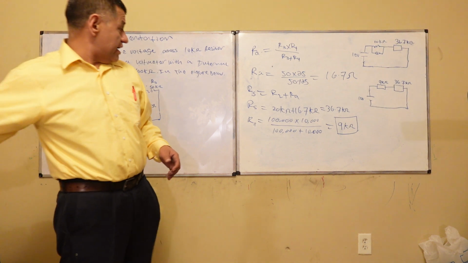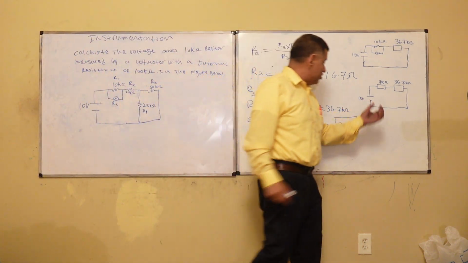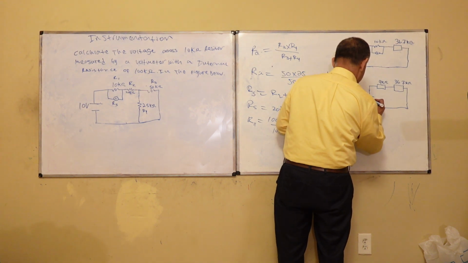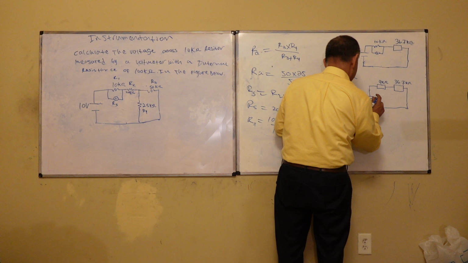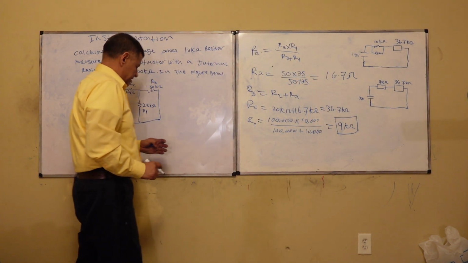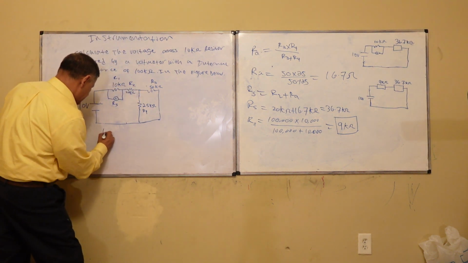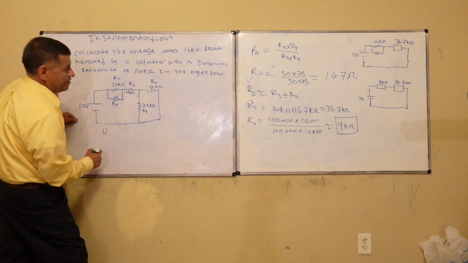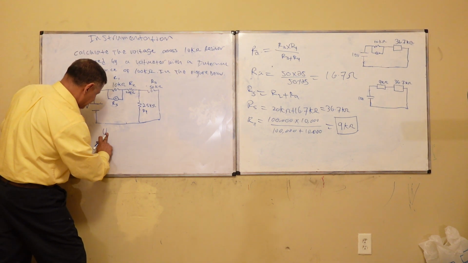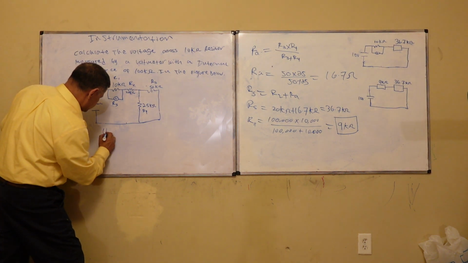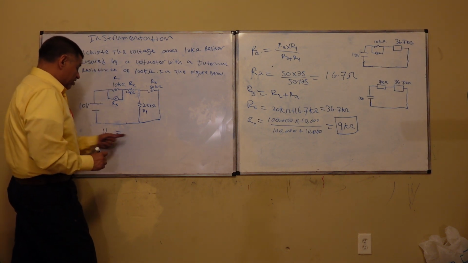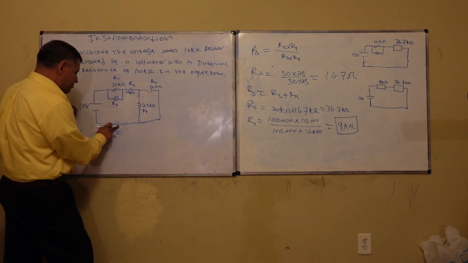Okay, so let's get this done. This is my simple diagram right here. Now that I have this, all I've got to do is the following. The voltage at the 10K kilo ohms is going to be equal to what?